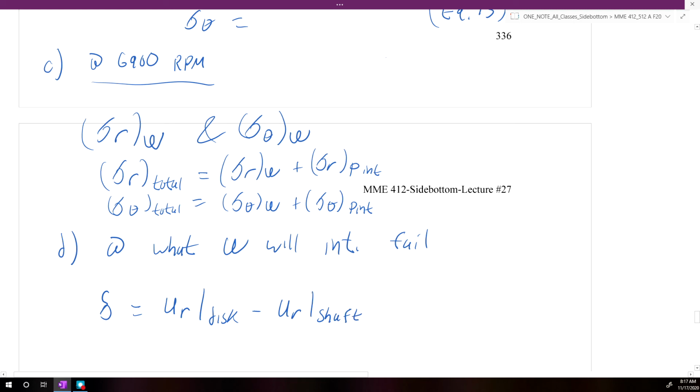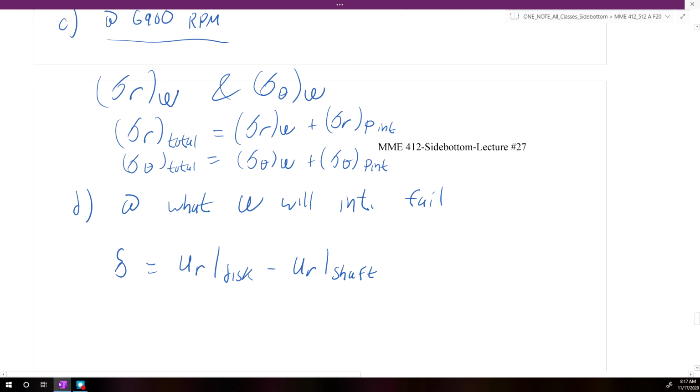Okay, so if we plug in our original delta that we solved for part A, which was equal to 5.25 times 10 to the minus fifth meters.